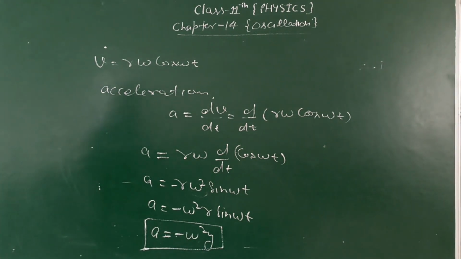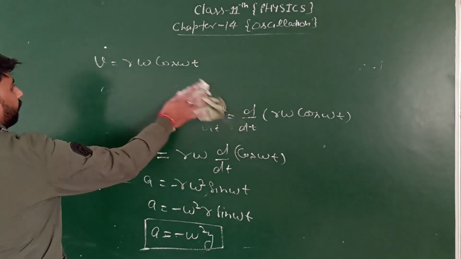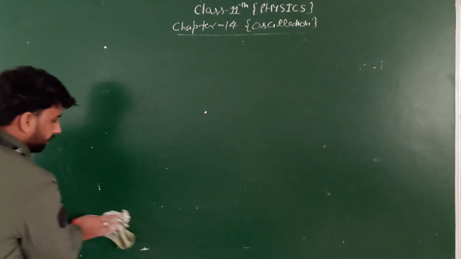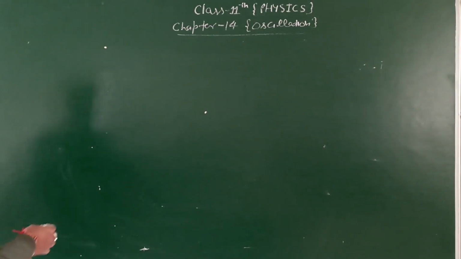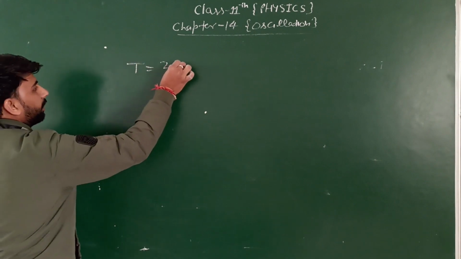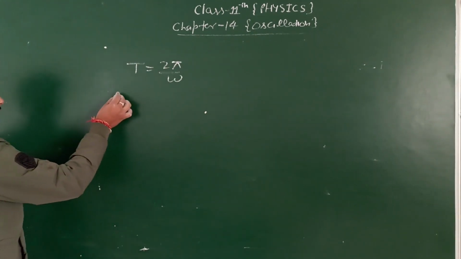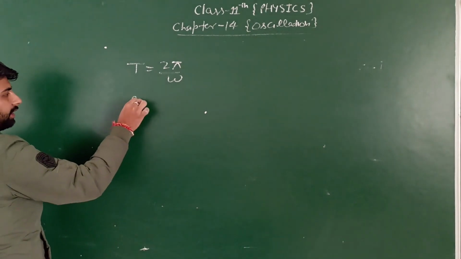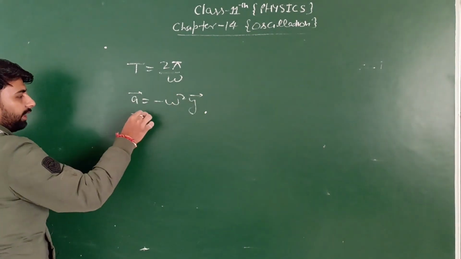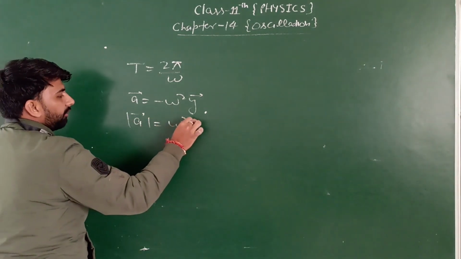Done. So now we calculate the formula for time period and frequency for simple harmonic motion. As we know, T is equal to 2 pi by omega, and from acceleration A is equal to minus omega square y, and for magnitude A is equal to omega square y.